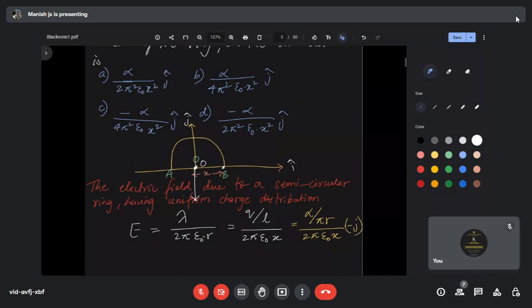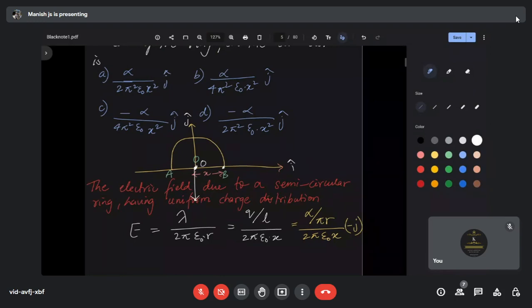So the charge is positive throughout the ring. So therefore the net electric field will be normally outside the surface. இங்க outside surface எடுக்க மாட்டோம். We will take with respect to the ring. Linear charge அப்படிங்கிறதுனால it is going to be outward. Radially it is going to be outward of the ring, opposite to the j cap axis, not the i cap axis.